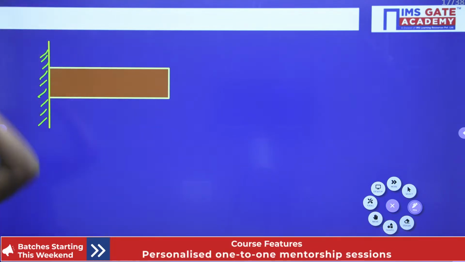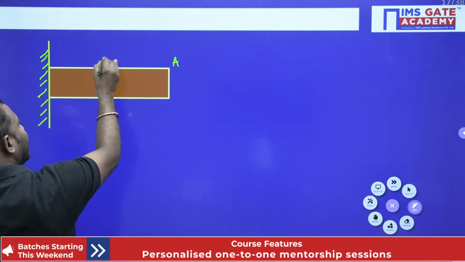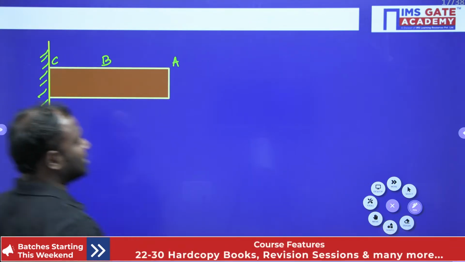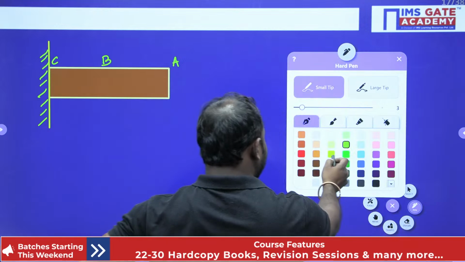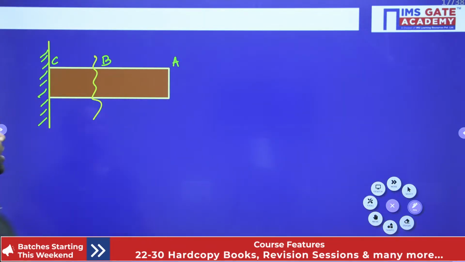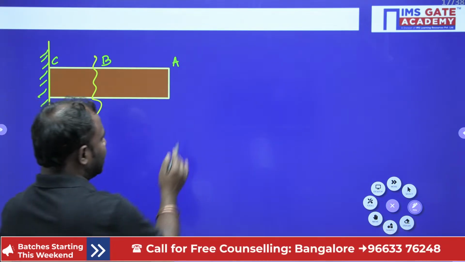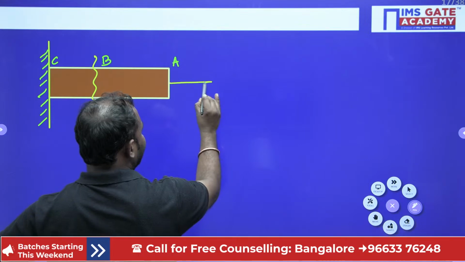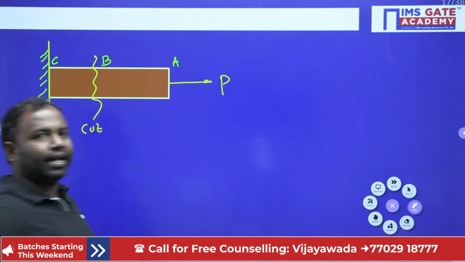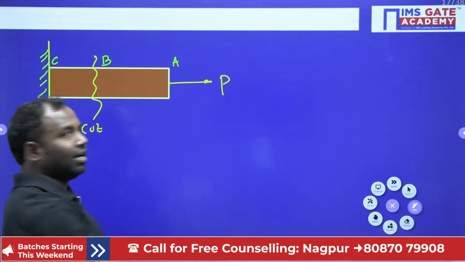Okay. Now here, I am taking this point as A, this point as B and this point as C. Now if I cut this body at B, suppose I apply a load over here, say P. So P is a force which is applied like this.